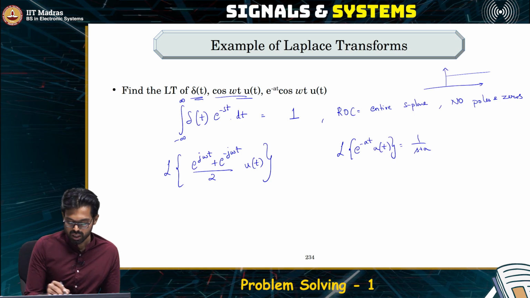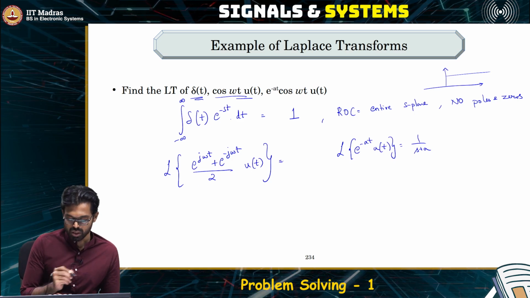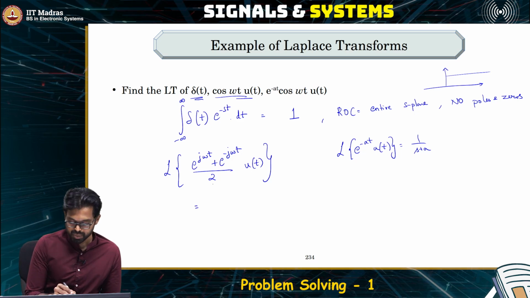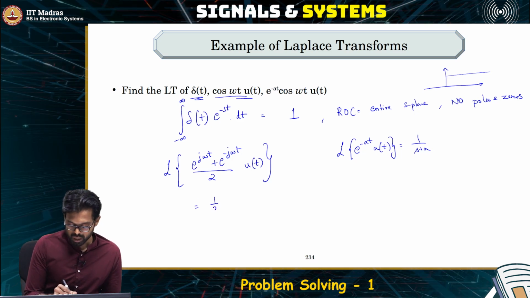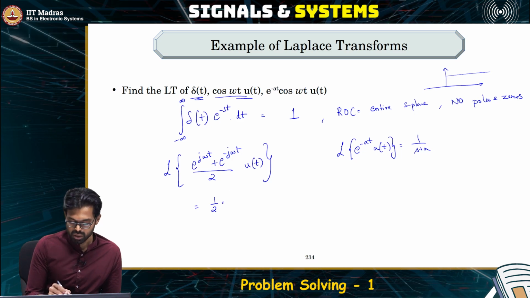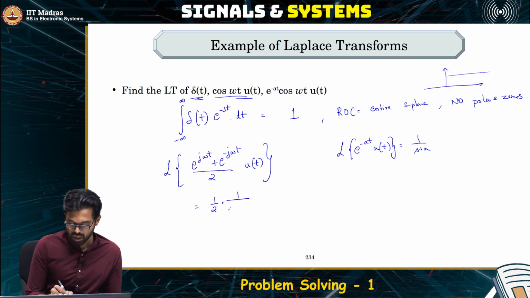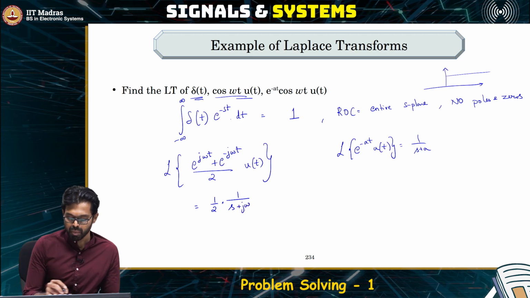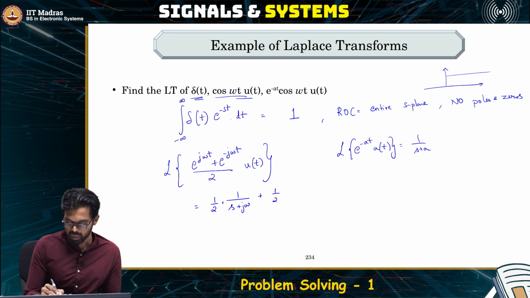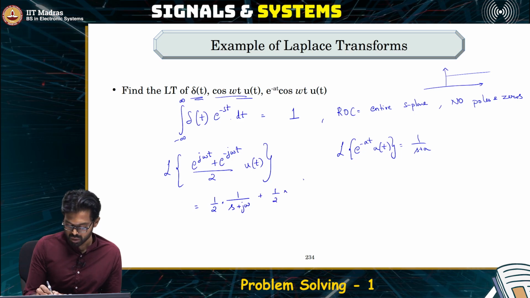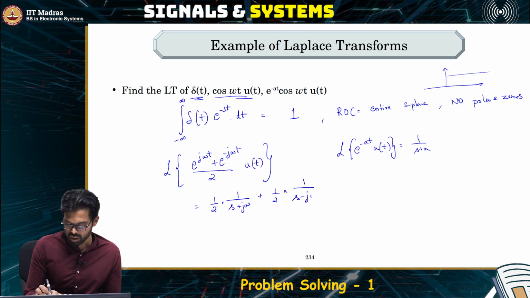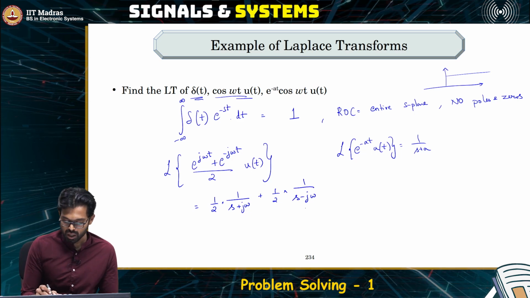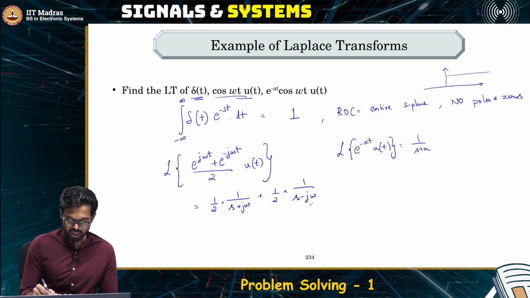So in this case, when we try to compute the Laplace transform using that formula, what would you get? You would get 1 by 2 times 1 by s plus j omega plus 1 by 2 into 1 by s minus j omega. So the first term actually gives minus j omega, the second term gives plus j omega.